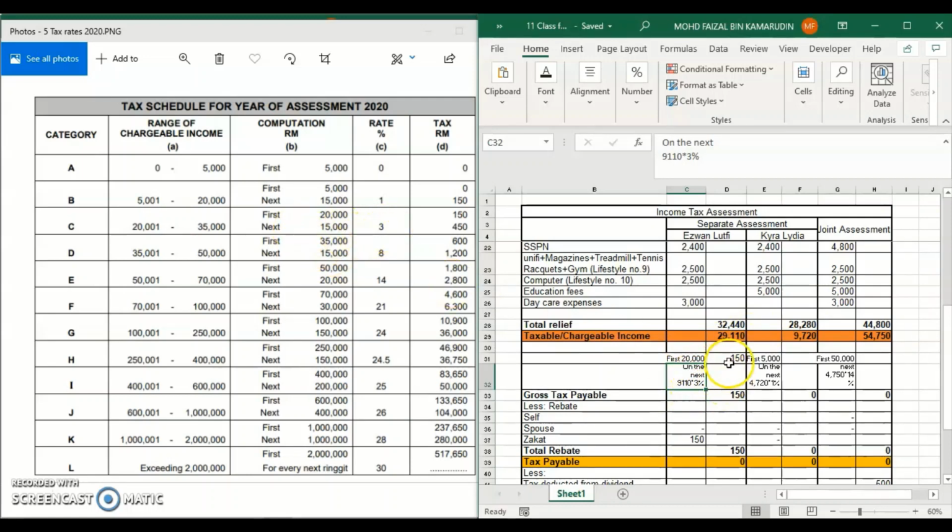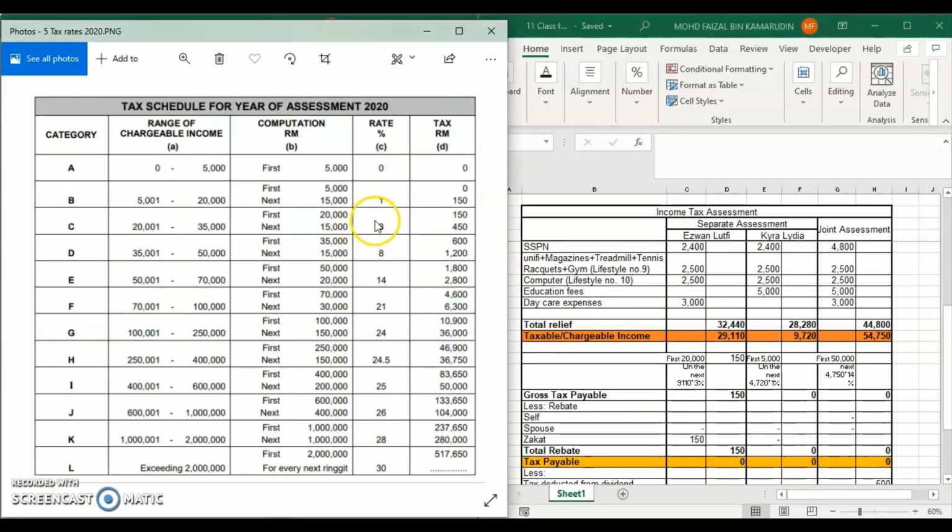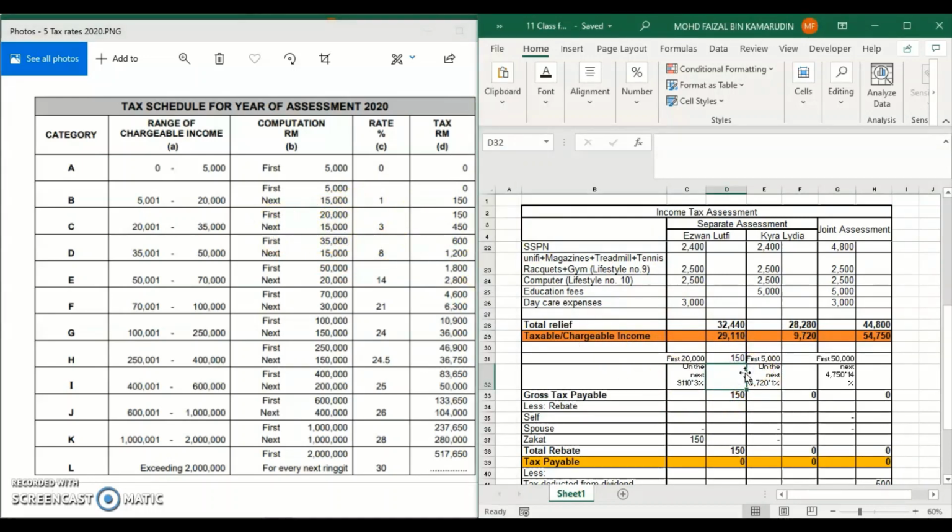But then you have to times 3% here, because the next 15,000. So simple, you just put 9,110 times 3%. So then he has to pay 273. Let me continue with rebate straight away.